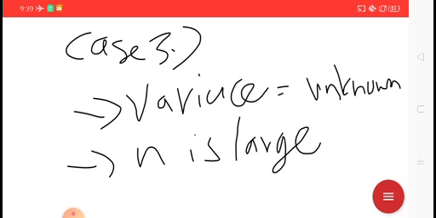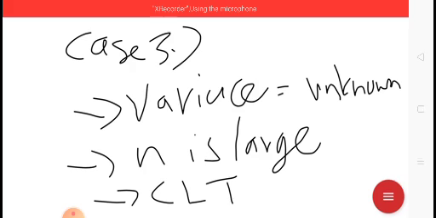How large? n will be larger than or equal to 30. If this happens, you can apply CLT, but because the variance is unknown, you need to use the unbiased estimate of variance.